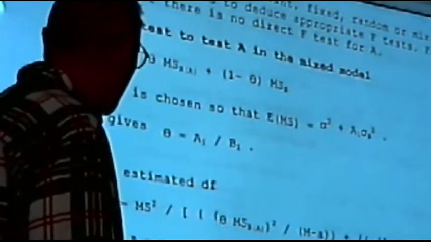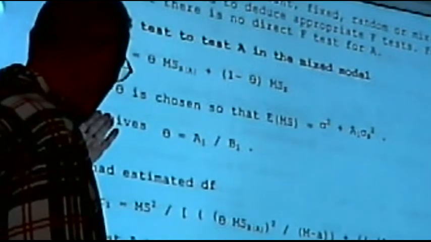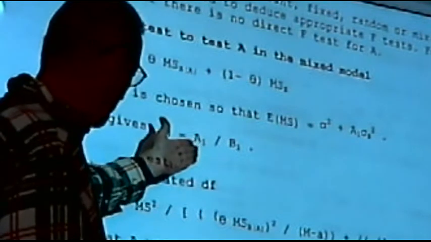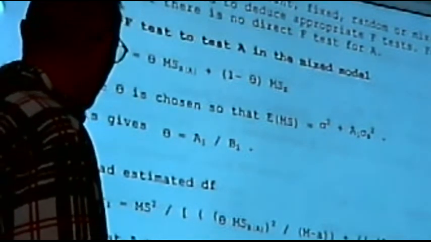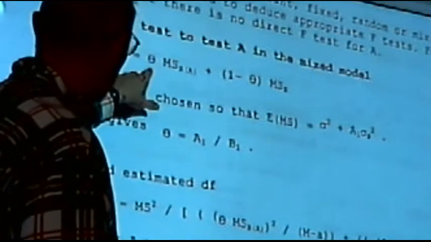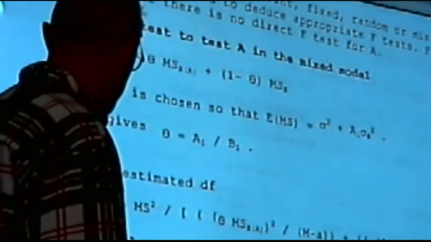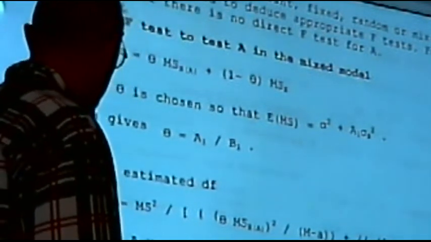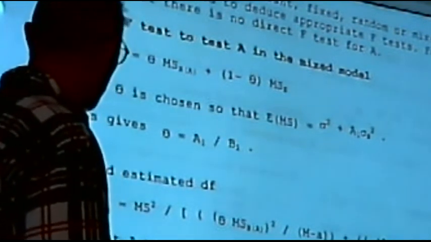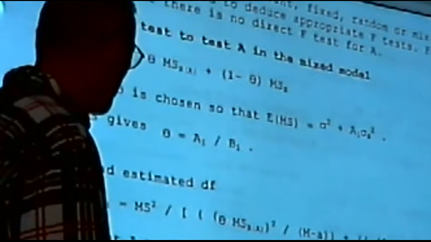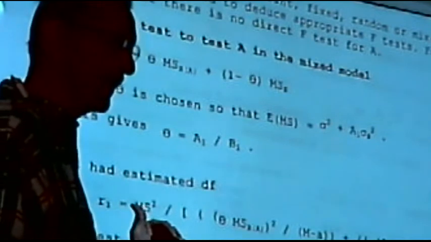It's a couple of steps of algebra. I didn't write them down here. On solving that algebra problem, theta should be A1 over B1. So if you know what theta is, now you can calculate this mean square. Now, this cobbled together mean square has some estimated degrees of freedom, which follows, quote, the old formula from Satterthwaite.